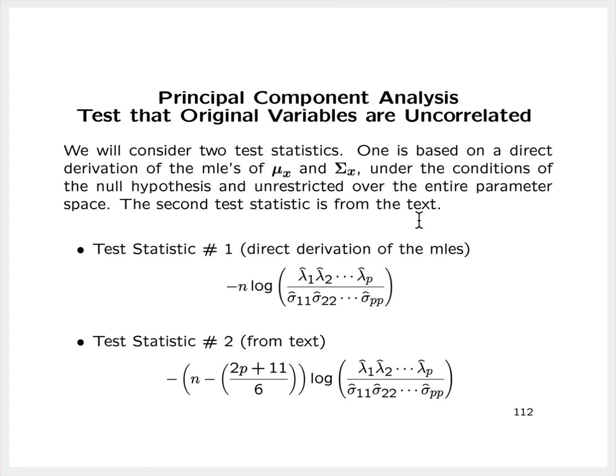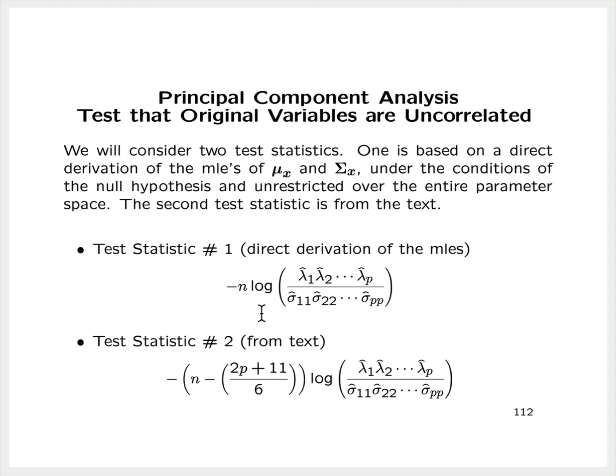The second test statistic is from the text, and I'm referring to one of the recommended resources of the text by Dallas Johnson. So there are two versions of this test statistic. You'll see that this part right here is the same in both. In the first, we multiply that by negative n, where n is the sample size. And in the second version, we're multiplying by what we can call an adjusted sample size.